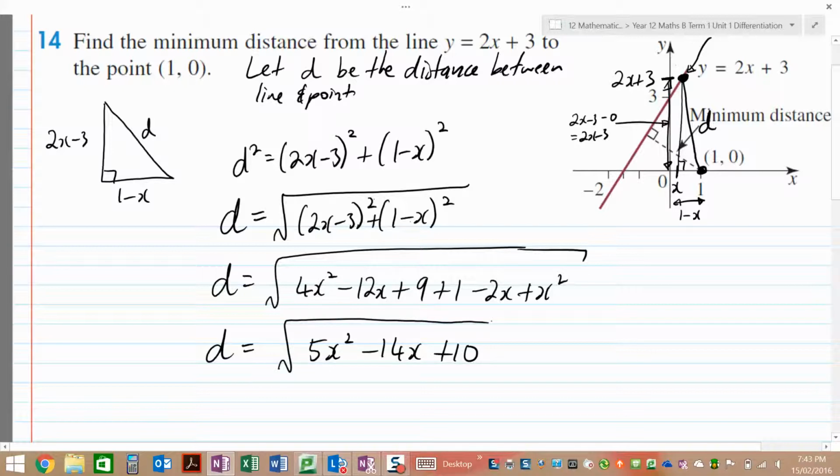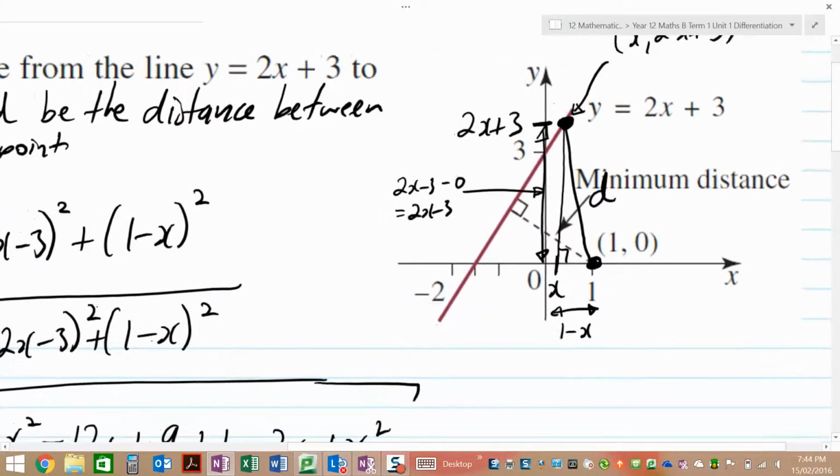And then I can differentiate this and find whereabouts. So I'll differentiate it. I'll find an x value where d dash of x equals 0, and that'll tell me on my diagram where along this x-axis I should be, which will tell me what point I essentially should be on there, and I can sub in that x value to find the distance that'll be the minimum distance.